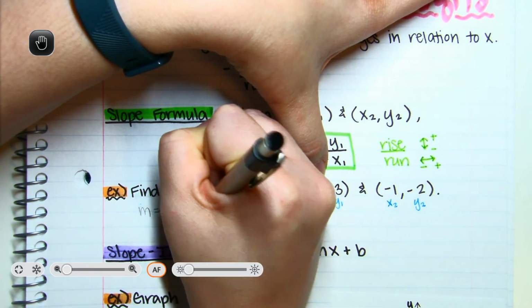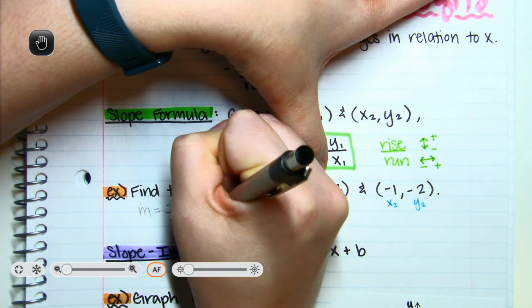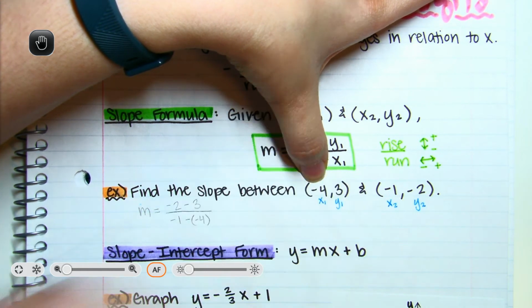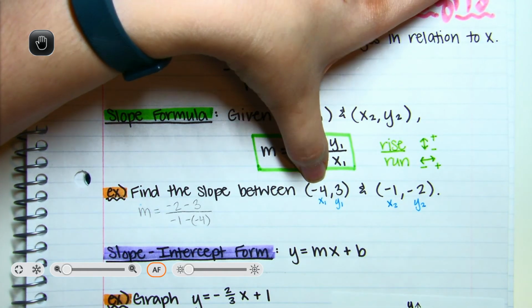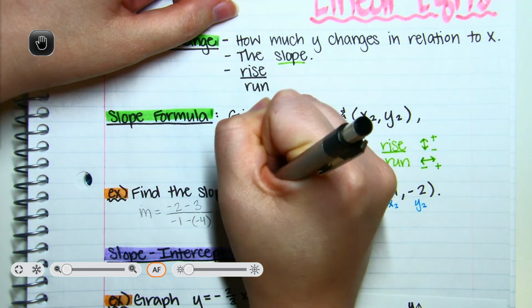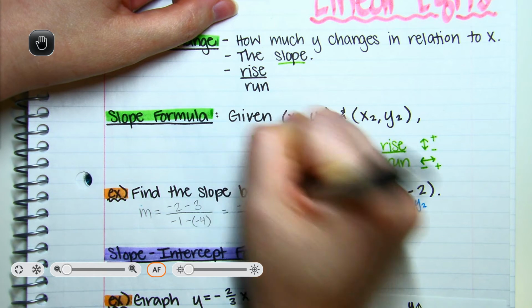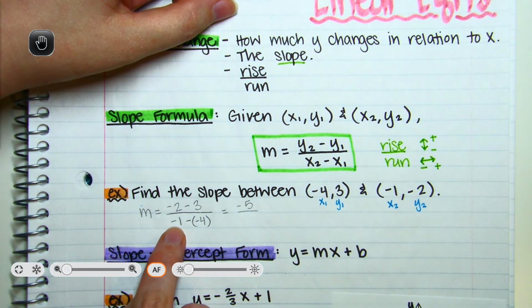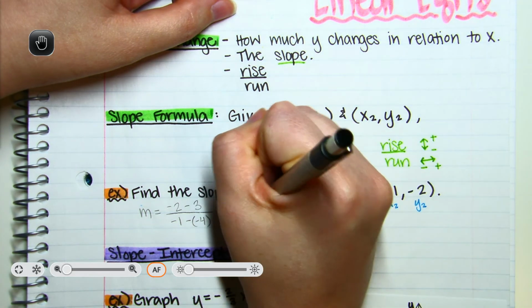I like to do the parentheses so that I make sure I see it and I don't miss that double negative. Now I'm just going to simplify. So negative 5 over, now this becomes negative 1 plus 4, which will be 3.